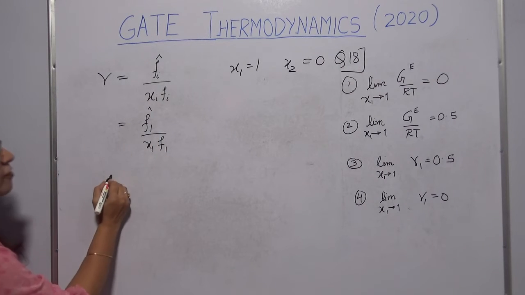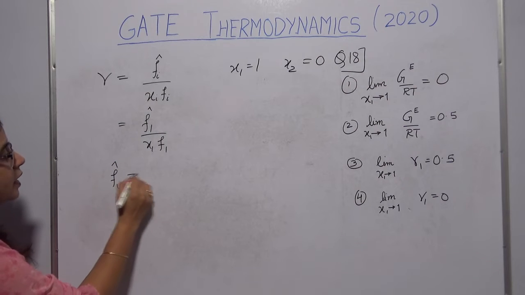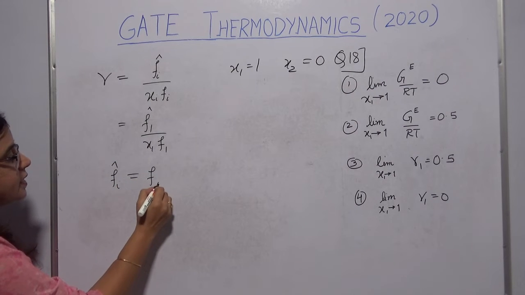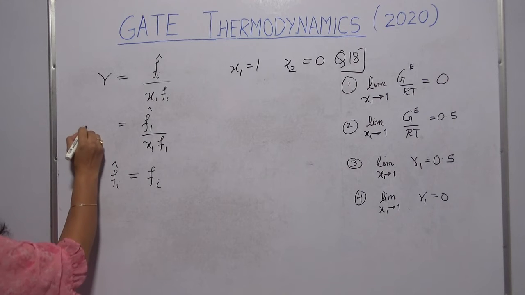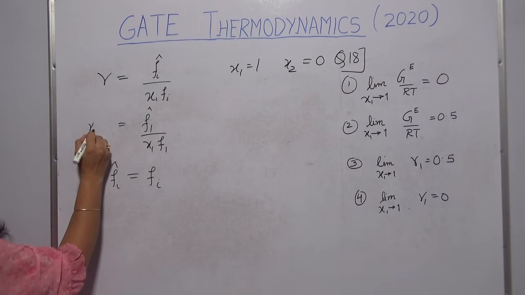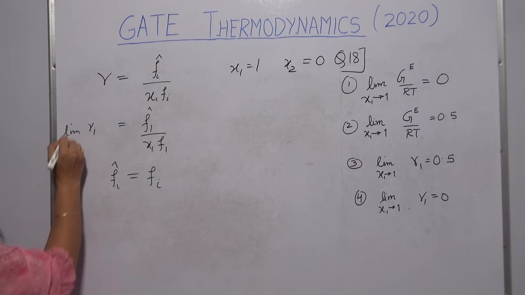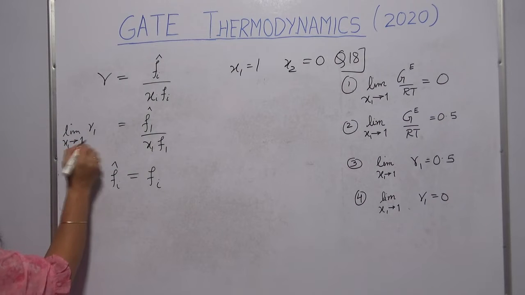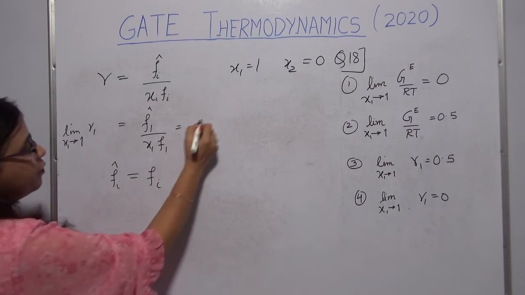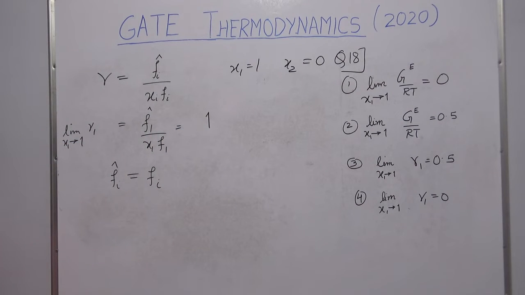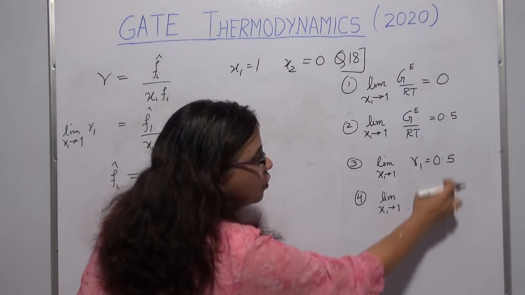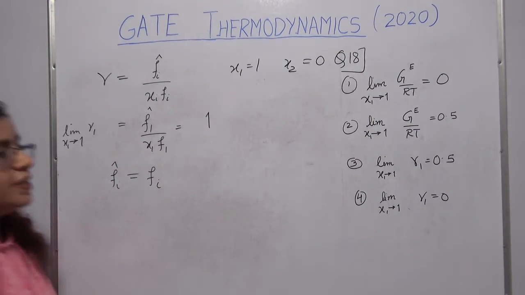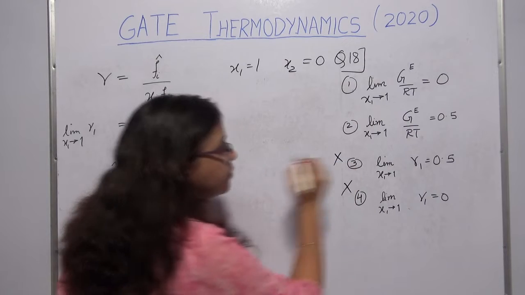So your Fi cap in the limiting case becomes equal to Fi. So gamma 1, in the limit x1 tends to 1, is equal to 1. Now what is given over here are the values 0 or 0.5. So both of these are wrong.